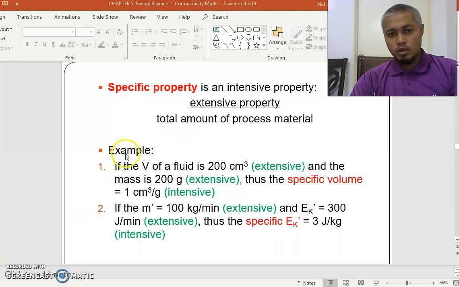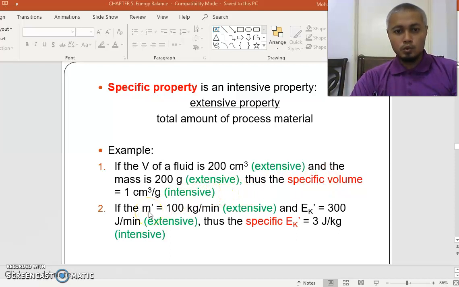For example, we have a fluid volume of 200 cm cube, which is an extensive property, and a mass of 200 gram, also an extensive property. Thus the specific volume of 1 cm cube per gram is obtained with this formula. So the specific volume is considered intensive.